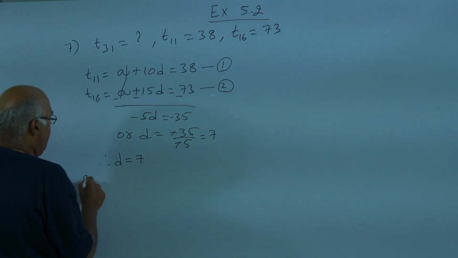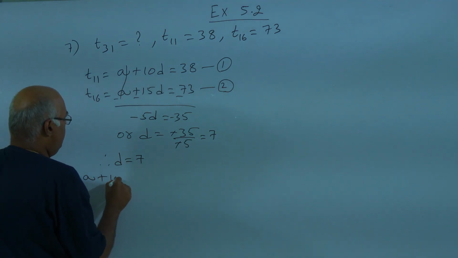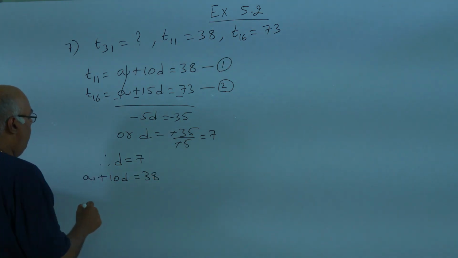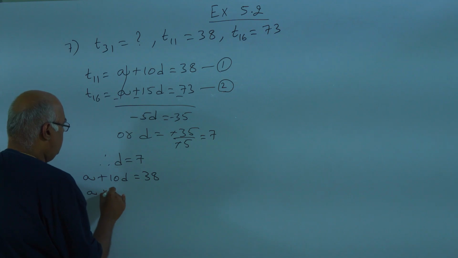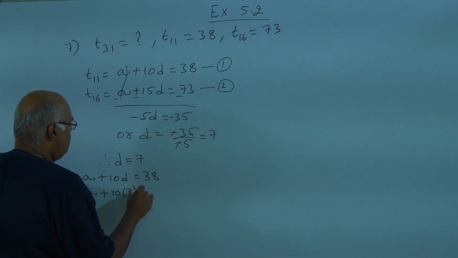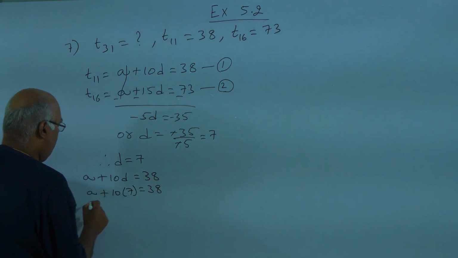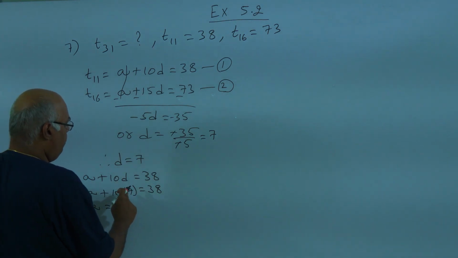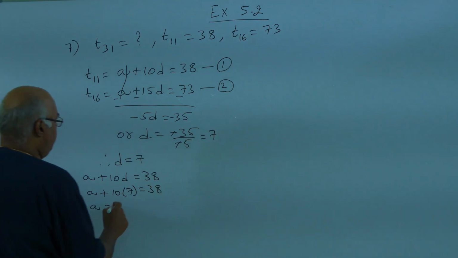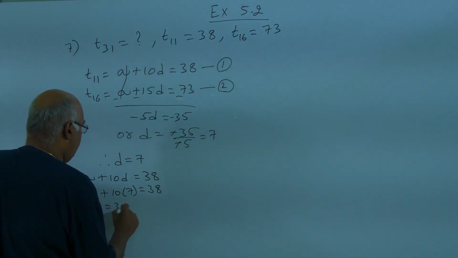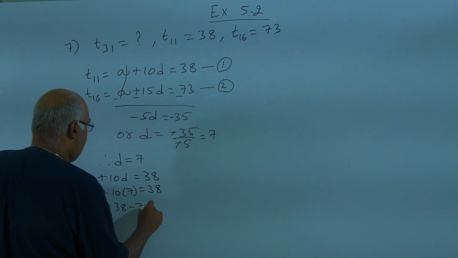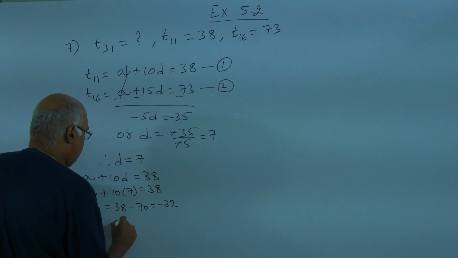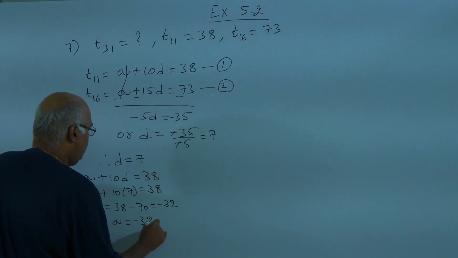So a plus 10d is equal to 38, or a plus 10 into 7 is equal to 38, or a is equal to 38 minus 10 into 7. 10 into 7 is 70. If you take the 70 to the other side, it will become minus 70. So 38 minus 70 is equal to minus 32. A is equal to minus 32.